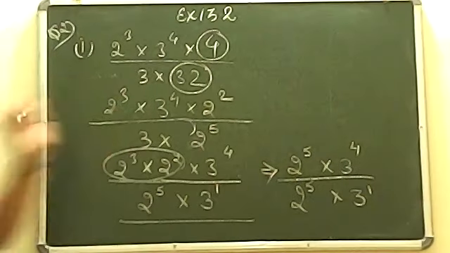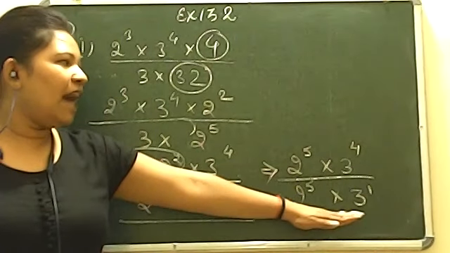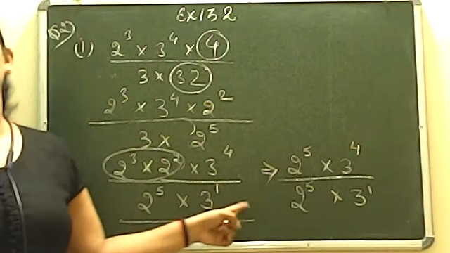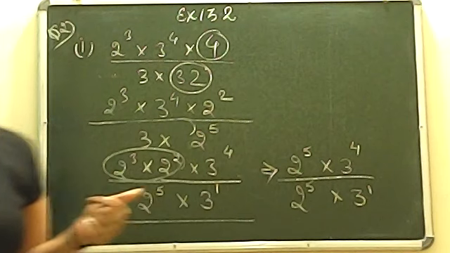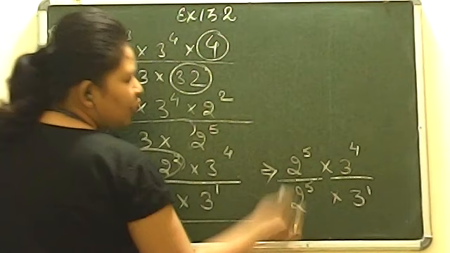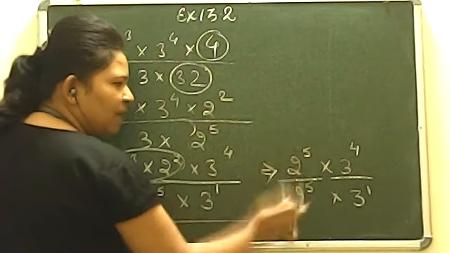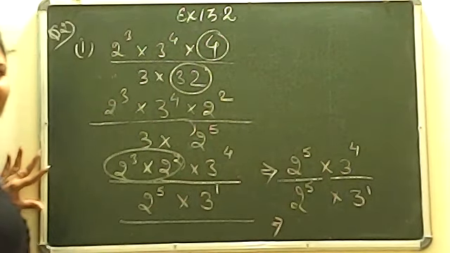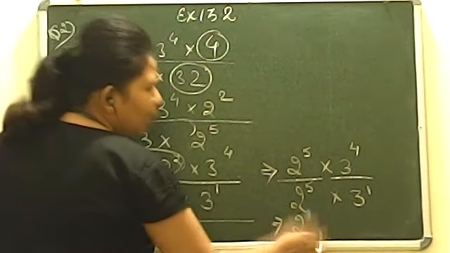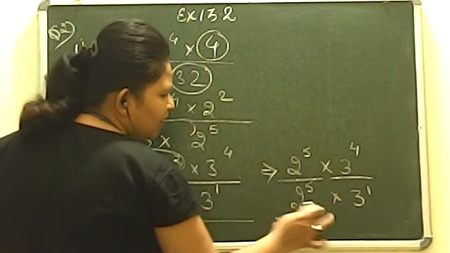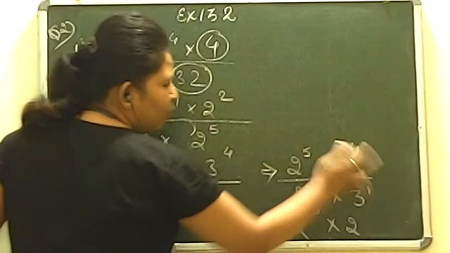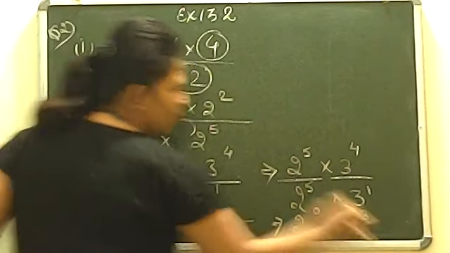अब आपको याद होगा मैंने ये, yes, I have explained it to you this also कि how can you solve this one. आपको याद होगा यही हमने कल भी किया था कि आपको अगर इस टाइप का फॉर्मेशन मिले, simply solve it in the form of division. How we will solve it? 2 की पावर 5, 2 की पावर 5, या तो आप डायरेक्ट कैंसिल कर दो, दोनों सेम चीजें लिखी है, आप या तो डायरेक्ट कैंसिल कर दीजिए या तो आप सिंपल ऐसे कर सकते हो. 2 की पावर डिवीजन में है तो 5 minus 5 which will give you 2 की पावर 0, और यहाँ पर 3 की पावर एक में 4 है एक में 1 है तो 4 minus 1 which will give you 3.